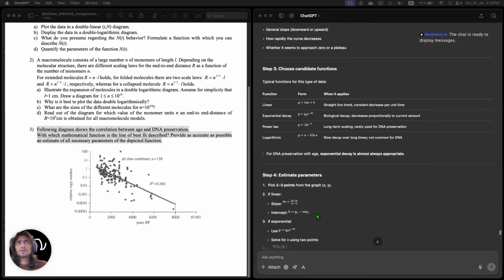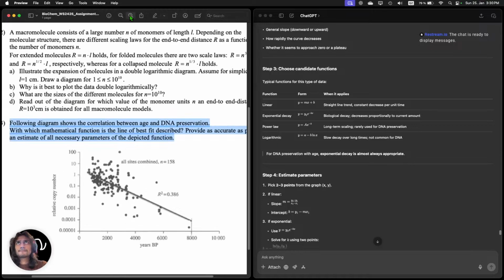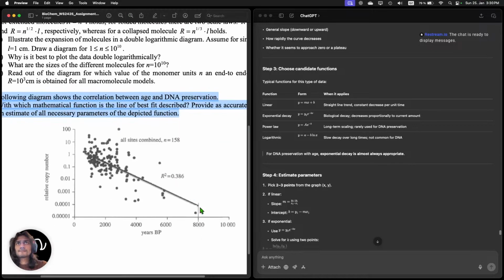Pick two points from the graph. 1,000, 0.001. I'm guessing that's 1,000. Let's say 1,001, right?